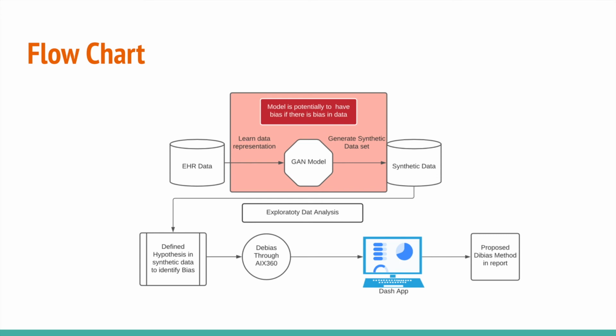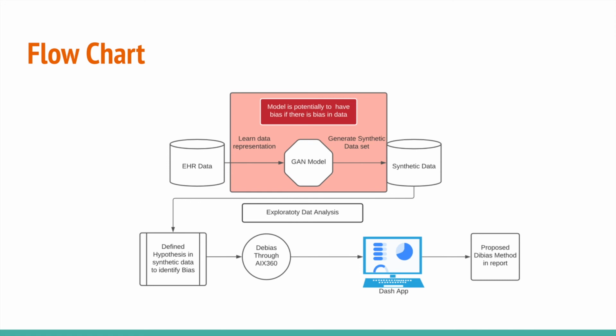By doing that, we're assuming that the model is learning the data representation from our EHR data, so we can assume the model is doing pretty well and learning what the actual data is. After that, we will do some exploratory analysis on the data that we generated.